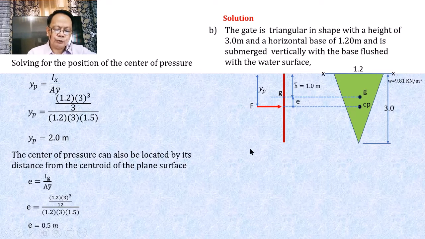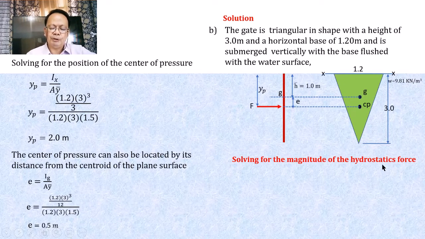If we're going to solve for the magnitude of the hydrostatic pressure using the formula that it is equal to W times bar H times A. Isa-isahin natin. What is our W? 9.81. What is our bar H? 1. And what's our area? That's 1/2 of the base multiplied by the height.